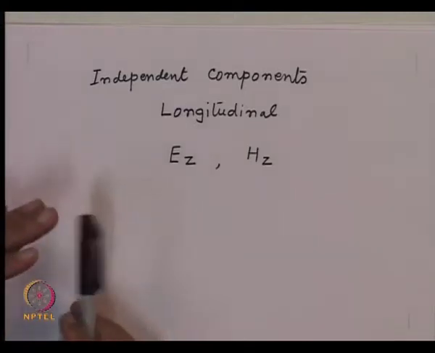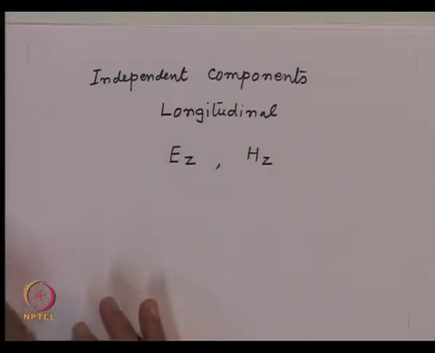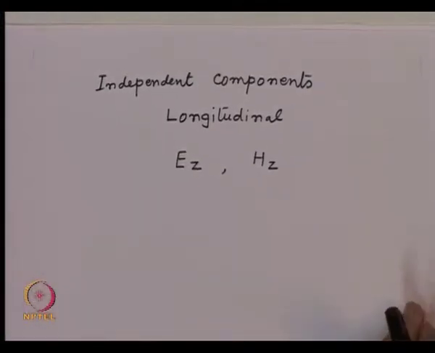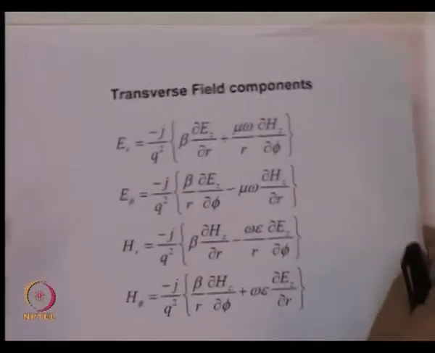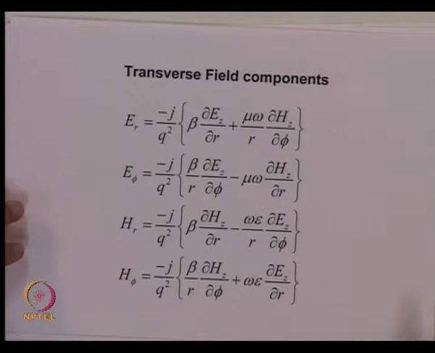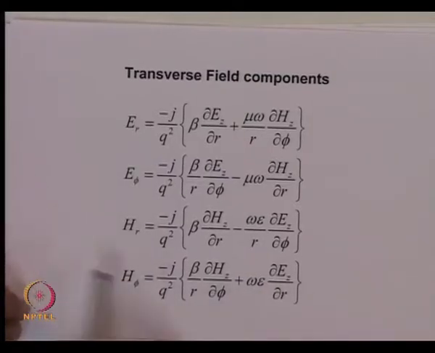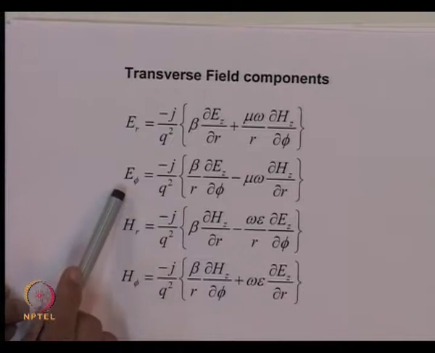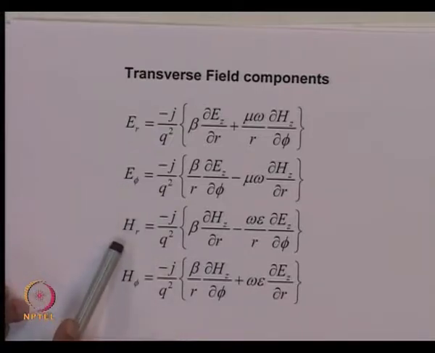So, we can solve the wave equation essentially for these two components, Ez and Hz, and once we get these components, then we can go to Maxwell's equations and get the transverse components, which can be written like this. Since we are talking here about the cylindrical coordinate system, the transverse components will be Er, E phi, Hr and H phi.